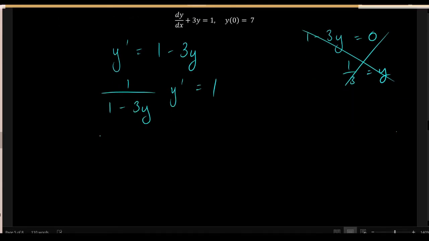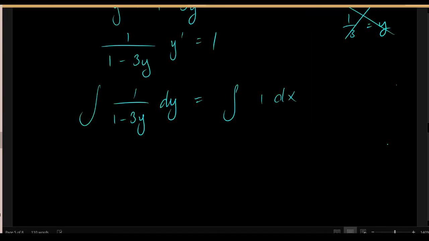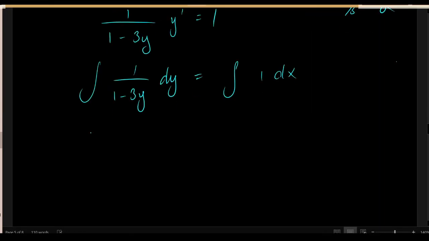So let's go ahead and proceed to integrate both sides. On the left side, I will get, by chain rule, negative 1/3 natural log of the absolute value of 1 minus 3y. And on the right hand side, I will get x plus c.